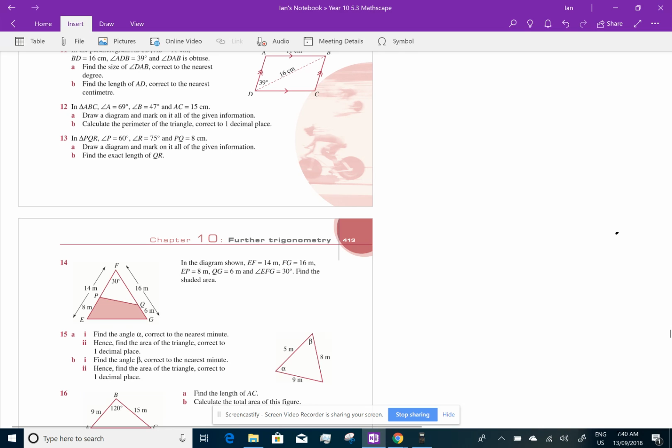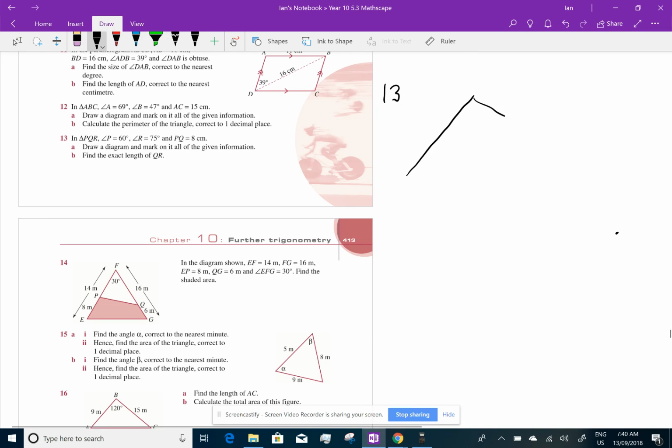So let's have a look at 13. It says I've got a triangle PQR. Now remember, whenever you draw a triangle and you're applying trigonometry, try to draw it so that it's not equilateral or isosceles.